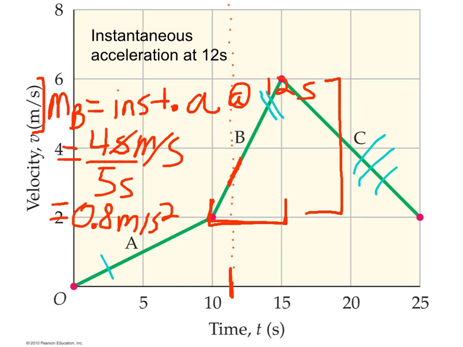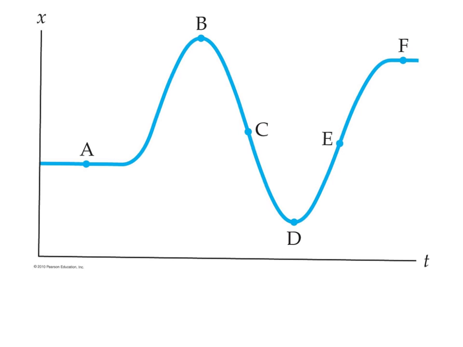If you were given a position time graph and asked to find the instantaneous velocity, you'd be finding the slope on the position time graph. So let's do one like that. Okay, this is a position time graph. Well, first it needs some times. So I'm just going to draw these real quick.